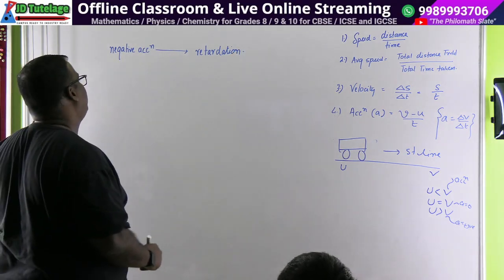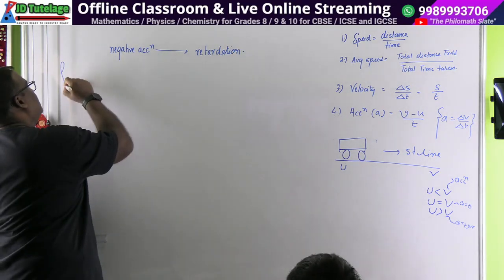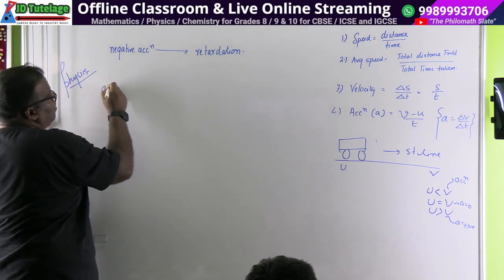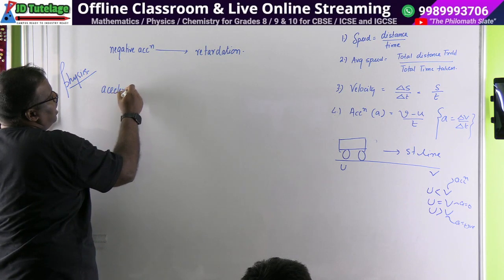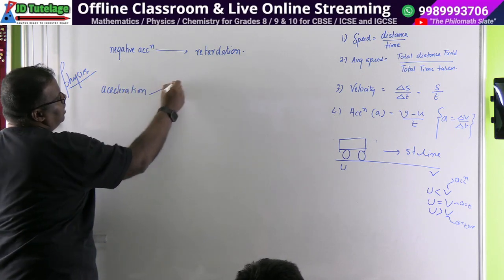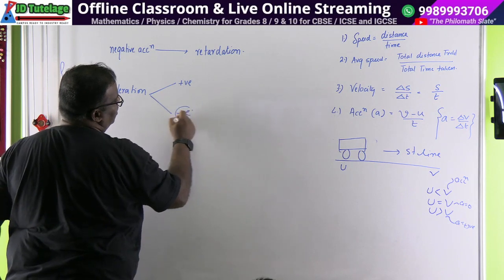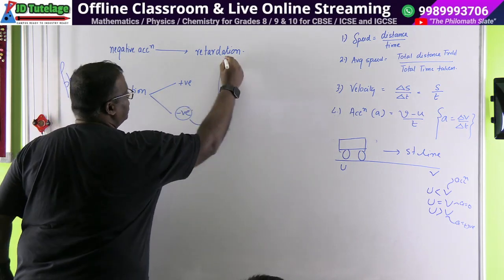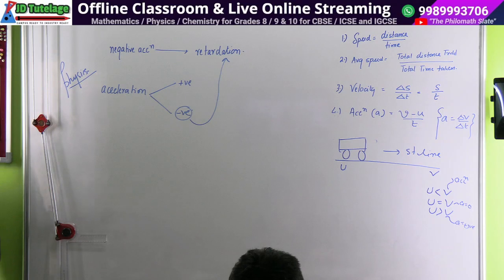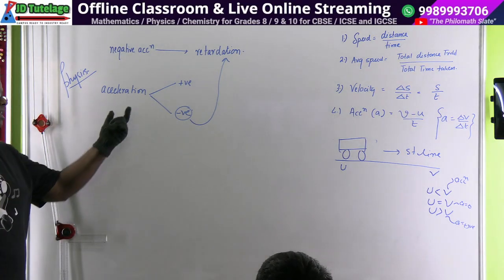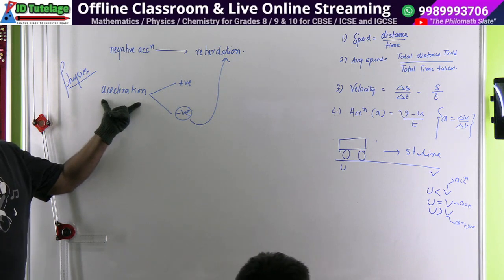In physics, we have only one word, which is known as acceleration, and its value can be positive or negative. If you get negative, then you can use the word retardation, but it also comes under acceleration. In physics, we will always call it acceleration.